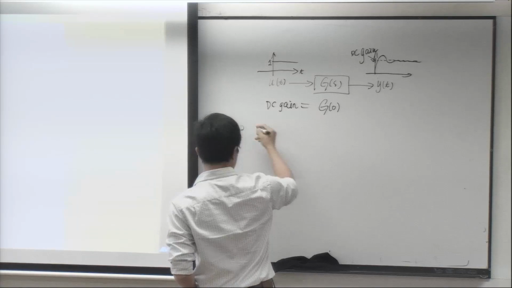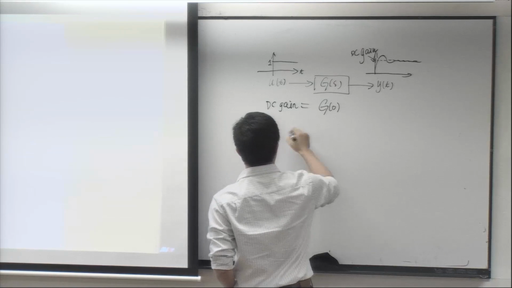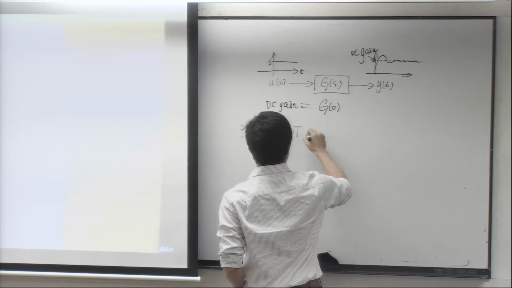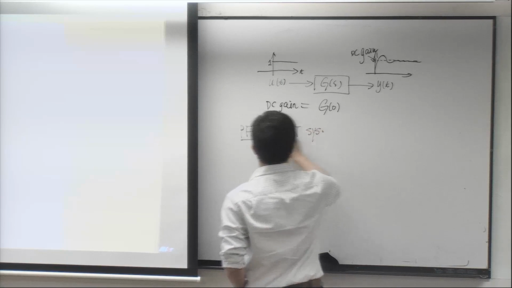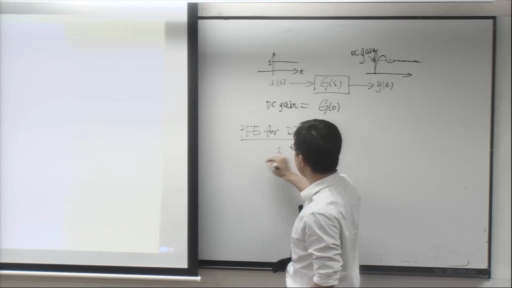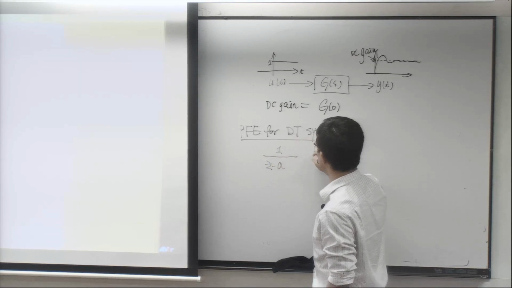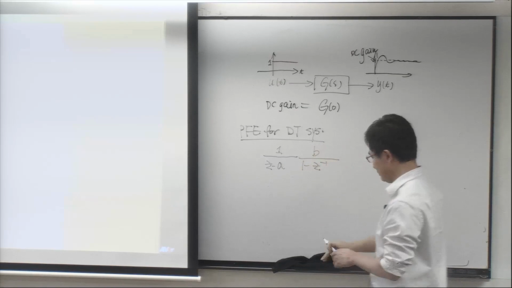So this is partial fraction expansion for discrete time systems. As an example, this is what we are given: 1 over (Z minus A) times (1 minus Z inverse).